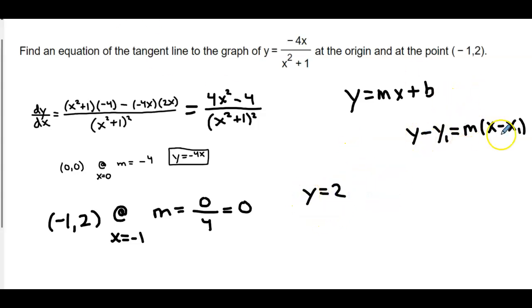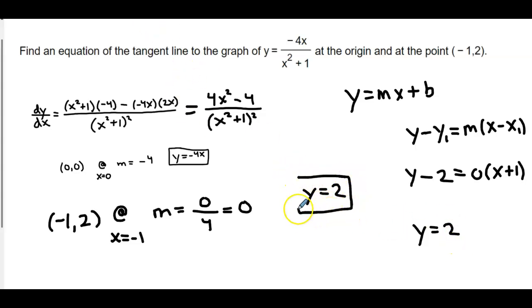We could evaluate this point-slope form: y minus, in this case, the y value is 2, equals, we just found our slope to be 0, in parentheses x minus our x value, which is negative 1, so it ends up being a plus 1. If we solve for y here, the whole right side zeroes out, so we'll just add 2, and then we end up with y equals 2 as the equation of our tangent line at the point negative 1, 2.